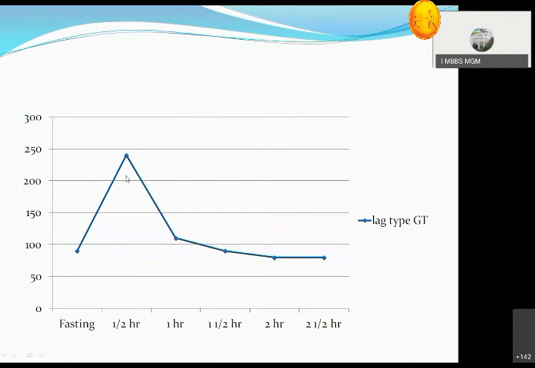So this is the main differentiating point between the normal GTT and lag curve. In normal GTT, this is below the renal threshold. In lag curve, it is above the renal threshold because insulin comes into action very late. So at this point, urine sugar will be positive.